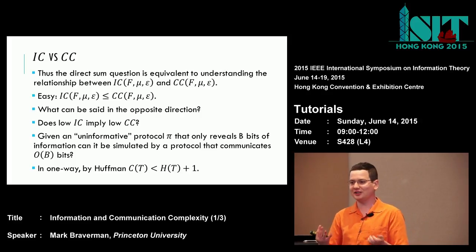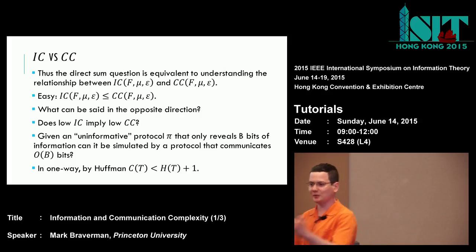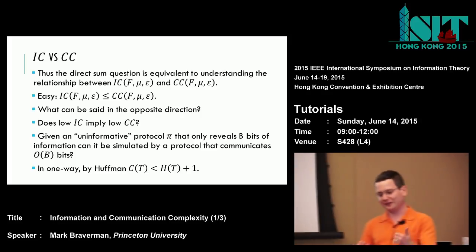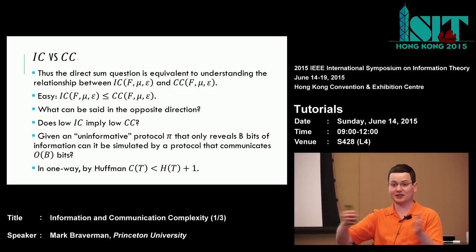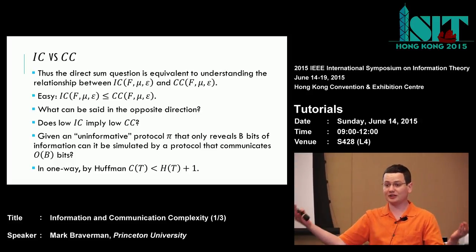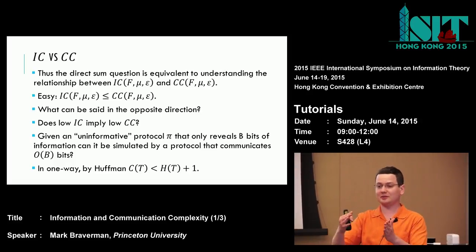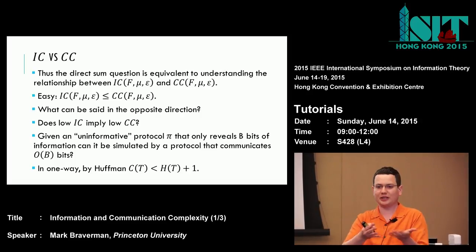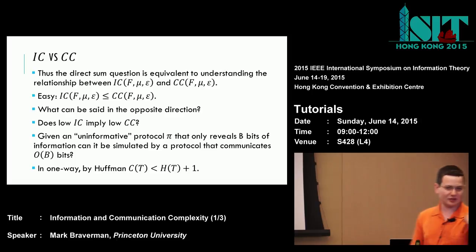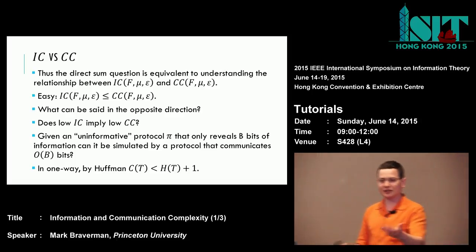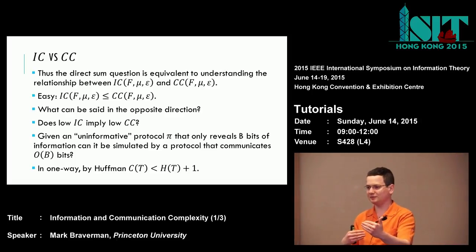So Huffman coding does exactly that for the one-way regime. If I have a distribution of messages that are very long, but whose entropy is low, I can re-encode them in a way that essentially pays the entropy plus at most one bit. So if I'm given an uninformative lecture, I can re-encode it as a very short one.